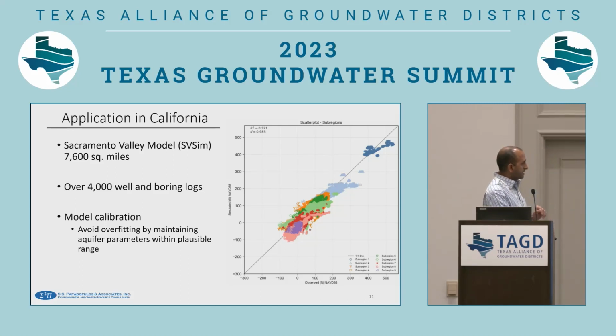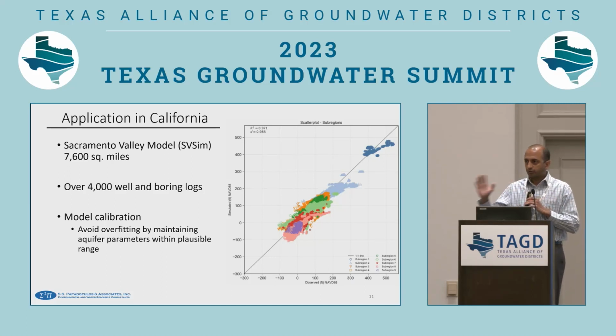But that's something specifically we avoided. We said, okay, let's not overfit. There was good understanding of what the aquifer parameters should be based on prior studies and the experts that were advising us on what parameters make sense. So we always kept those parameters within plausible range and avoided overfitting.